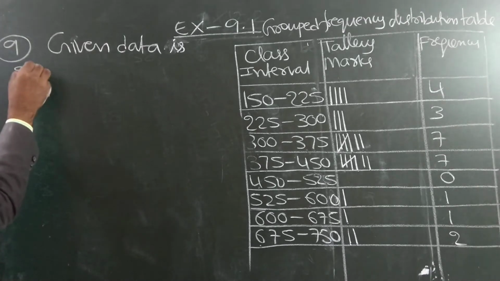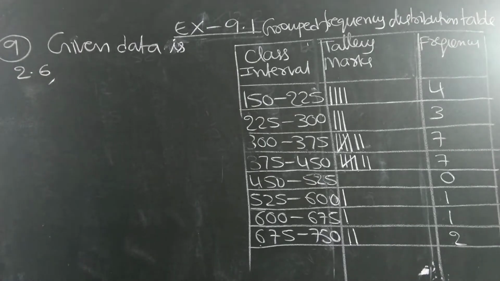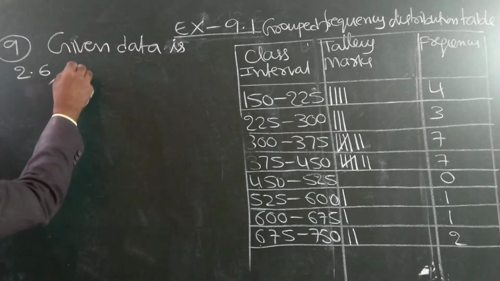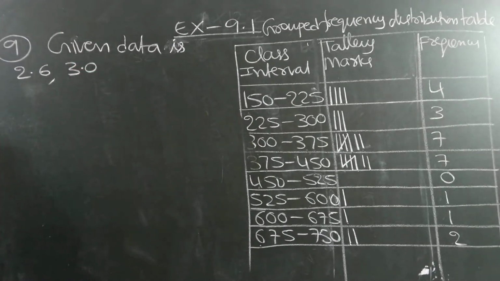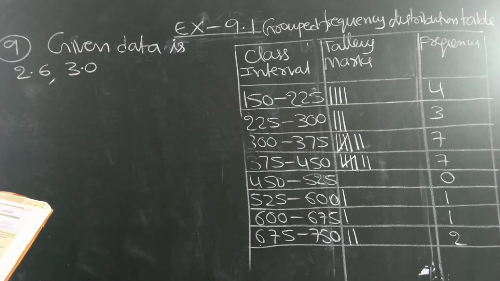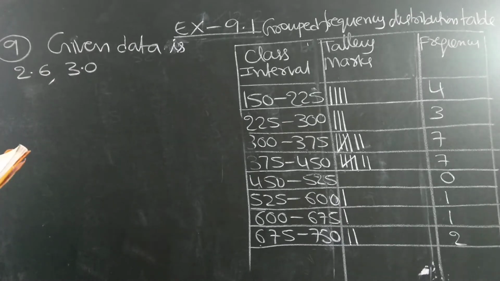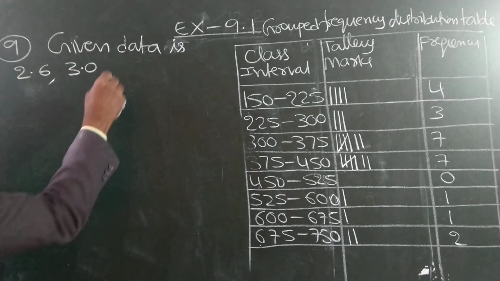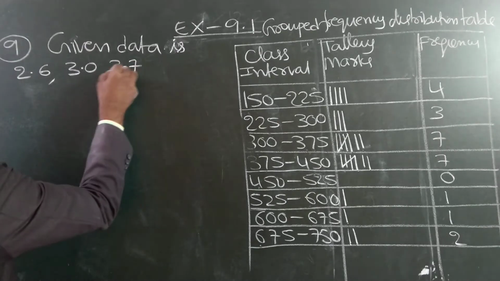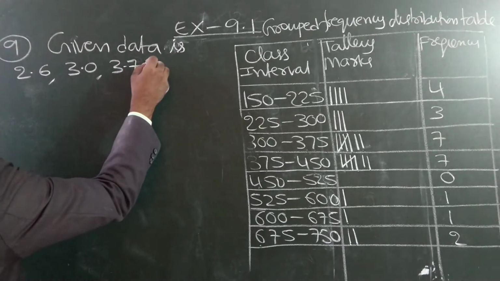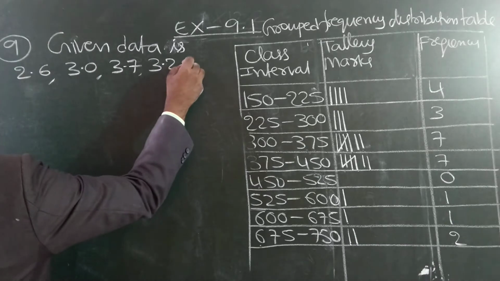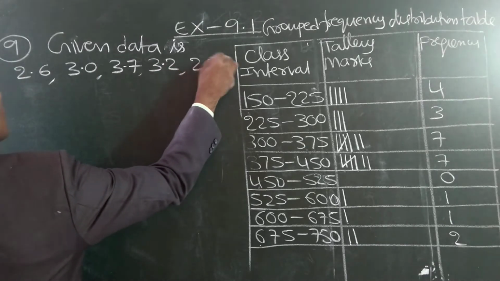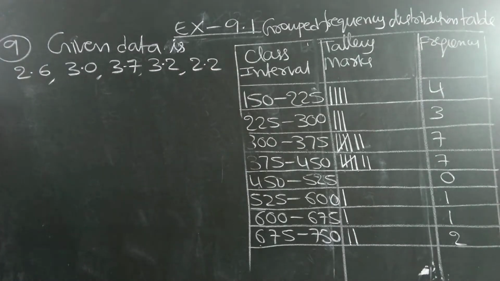Ninth question you write down. 2.6, 3, 3.7, 3.2, 2.2.